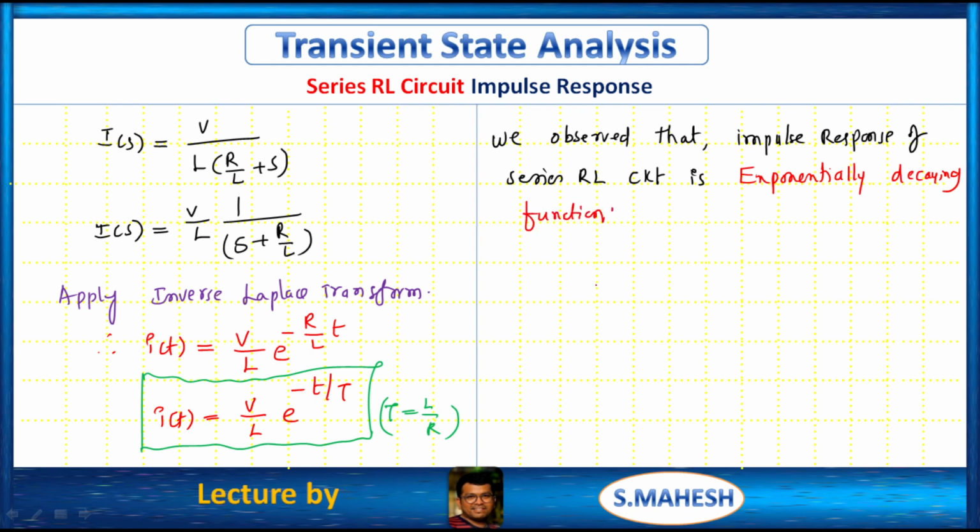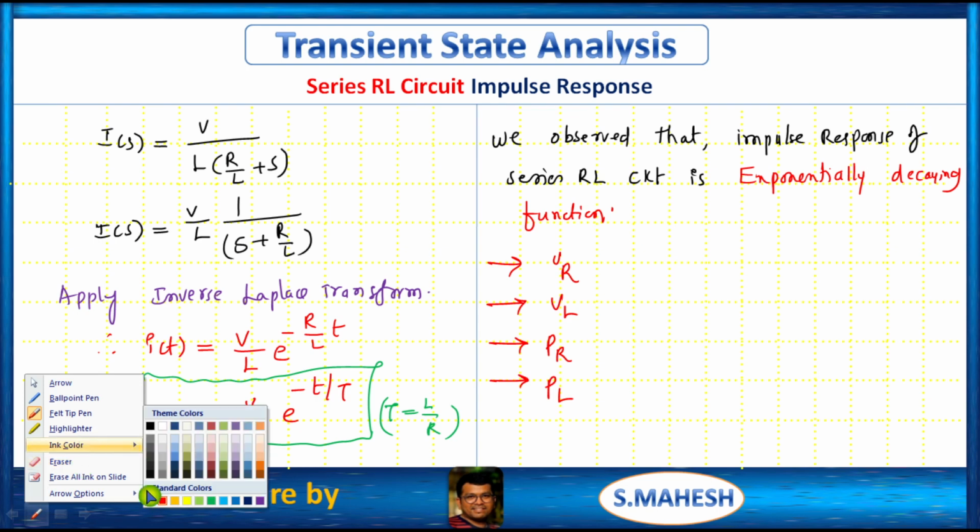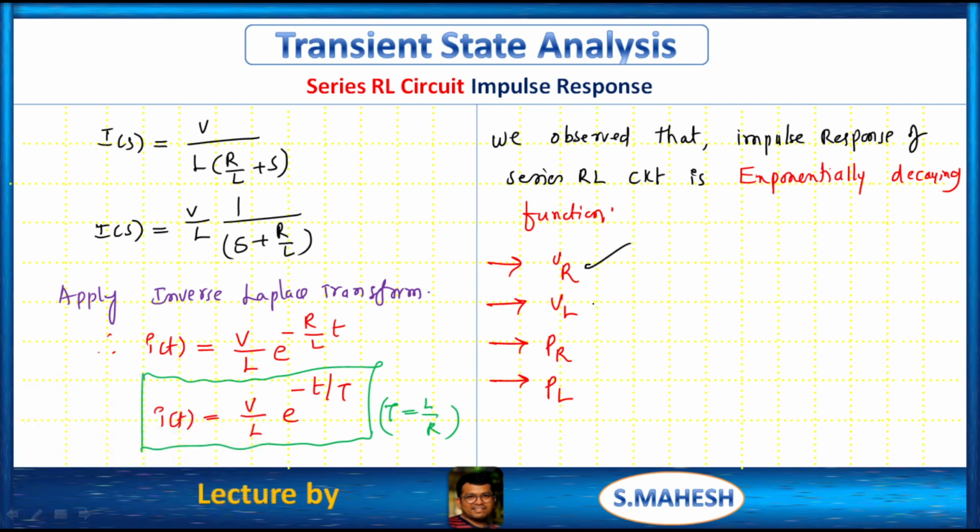So like that you will get the voltage across the resistor, the voltage across the inductor, PR, PL. Then you have to do VR, VL, PR, PL. This is about the impulse response of the series RL circuit.